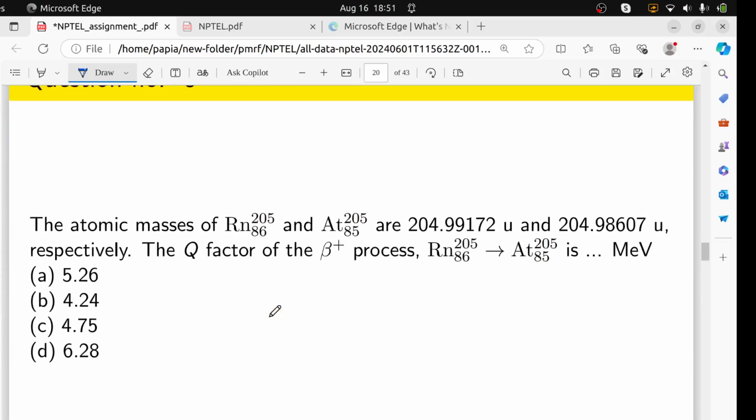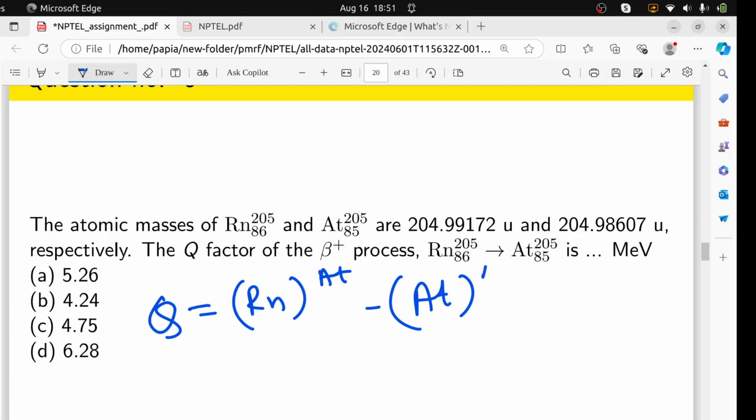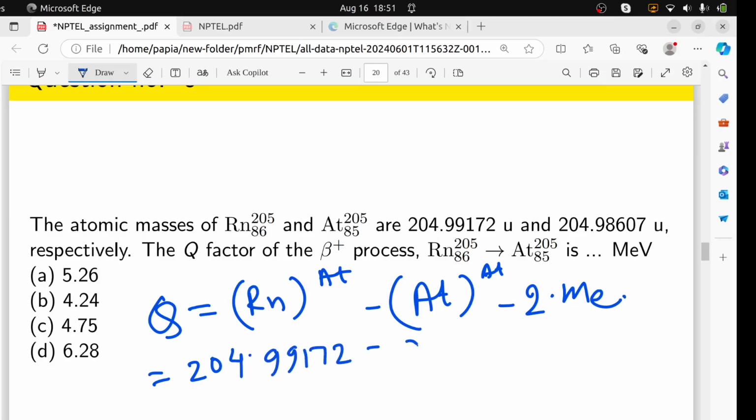Is it fine? Because they are asking what will be the Q value in terms of atomic mass of Rn and atomic mass of astatine, and we formulated that Rn atomic minus At atomic minus 2 into me. So the answer will be 204.99172 minus 204.98607 minus.